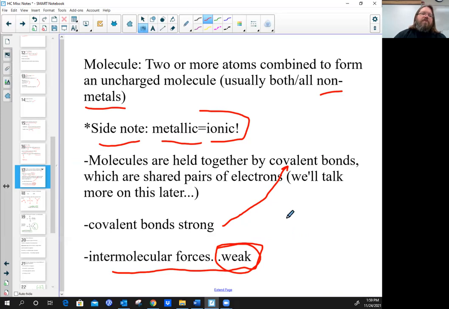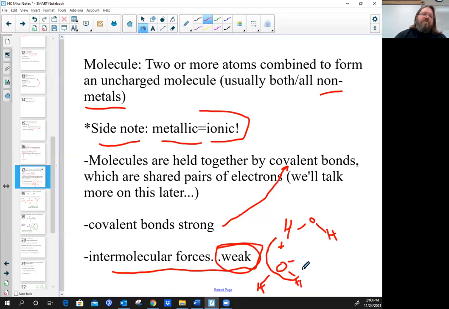So water molecules, like H2O, so HOH, okay. There's slightly charged areas on a water molecule where the hydrogens become slightly positive and the oxygen atoms of other water molecules will become slightly negative, okay.